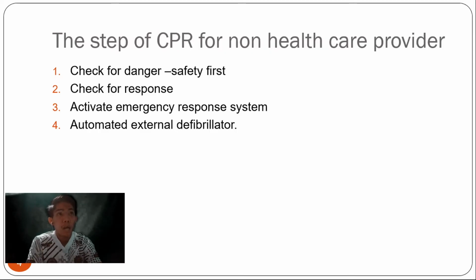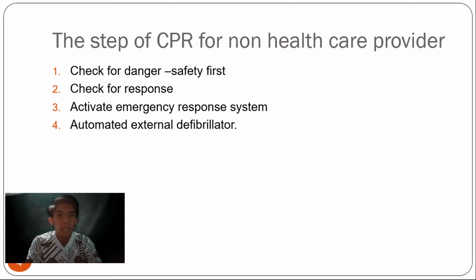The steps of CPR for a non-healthcare provider. First step is we must check for danger, safety first. When we try to save the victim, we look around the victim to ensure the surrounding is safe. Second, we must check the response of the victim.